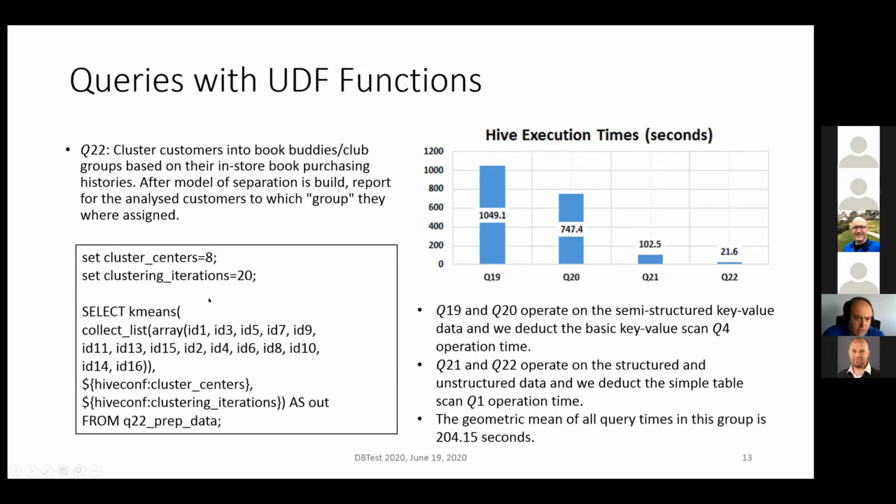And you can see here on top the typical 2 parameters that you give: the cluster centers and clustering iterations. And what's different here is that we use Facebook library for this implementation, whereas the original BigBench uses Spark MLlib.